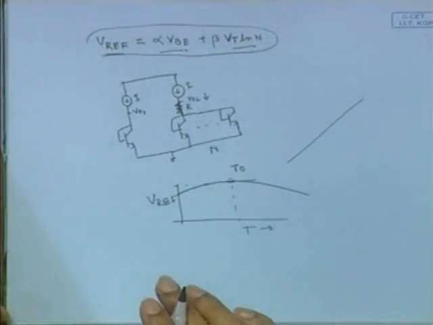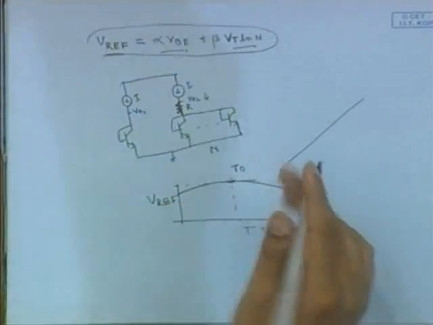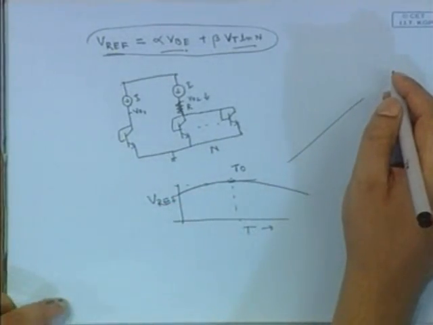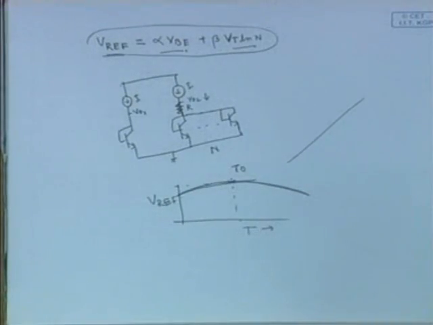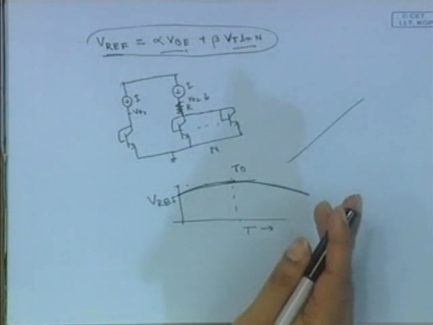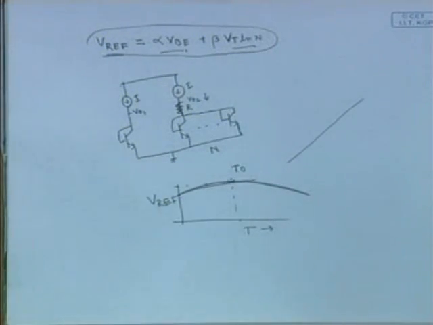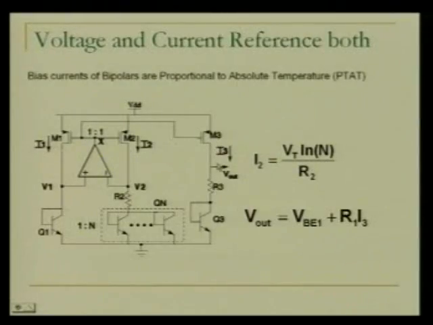And you have reduced this linear dependency on temperature to a small curvature. That curvature will always remain. So you can state that the voltage value you are getting here is the reference voltage of a particular circuit.